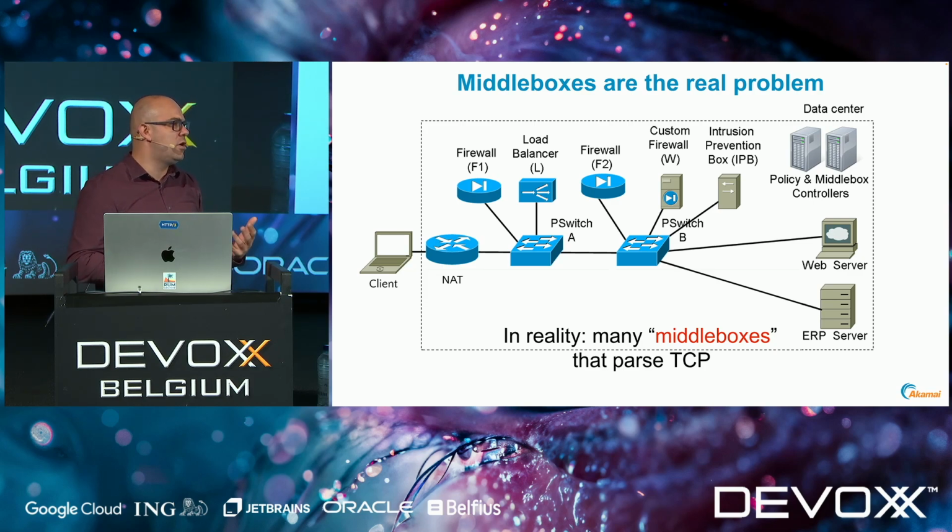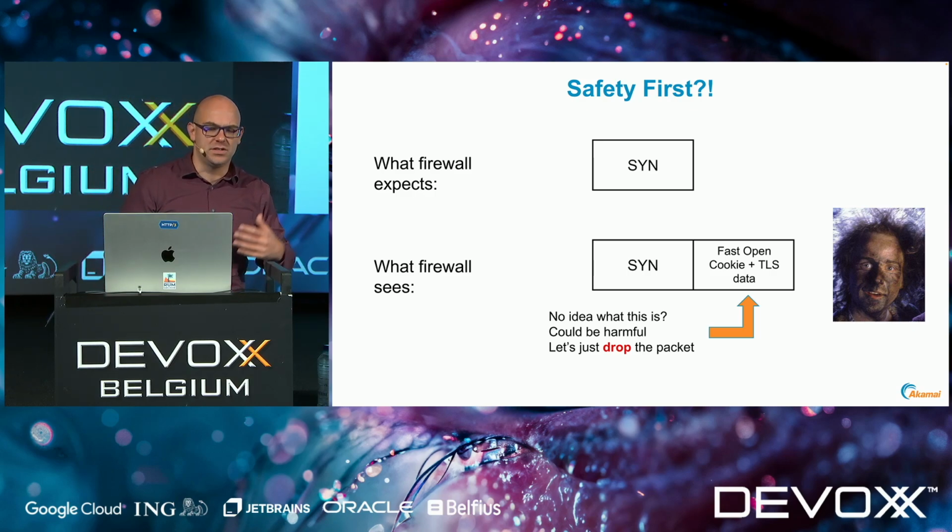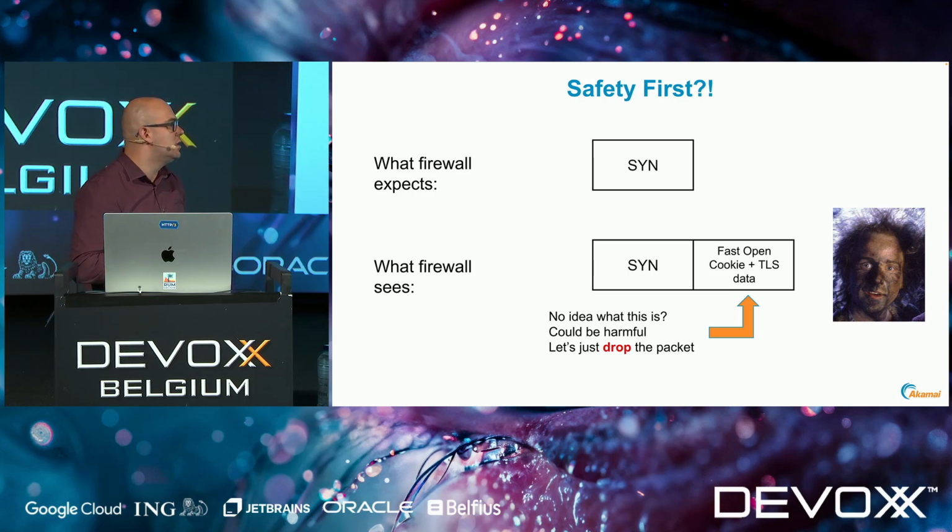So let's imagine you are a firewall, okay, who hasn't been updated to know about this TCP fast open thing. So what you expect is a normal TCP handshake, which is basically just an empty SYN packet. That's how TCP starts. That's what you expect. What you actually see on the wire is a filled SYN packet with extra data.